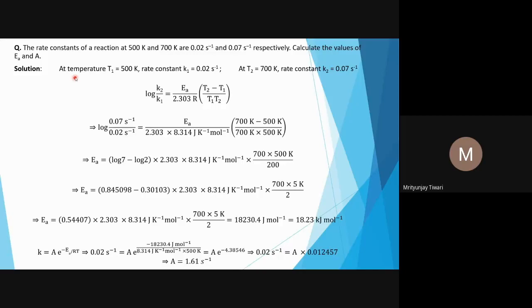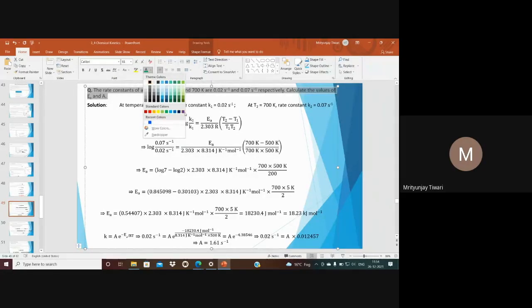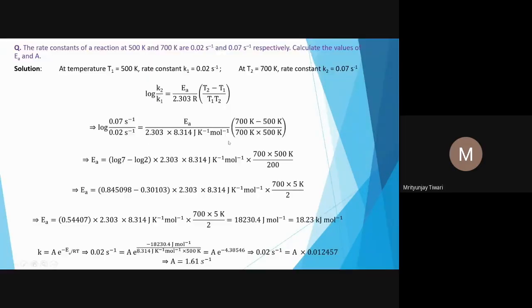So what is given: at temperature T1 equal to 500 Kelvin, the rate constant K1 is 0.02 per second, and at temperature T2 equal to 700 Kelvin, the rate constant K2 is 0.07 per second.